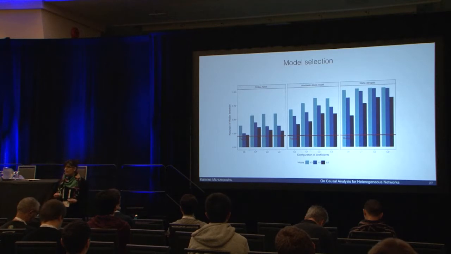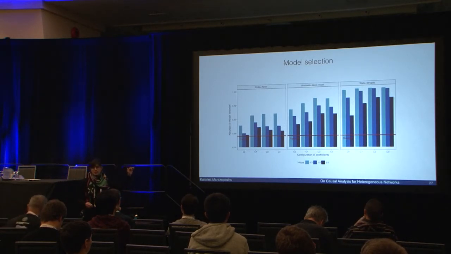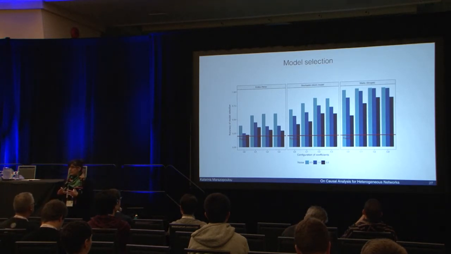So the more noise you have, the less accurate your model selection. And it does depend on the configuration of coefficients. You can think of it as the configurations go from left to right. What effectively is happening is the friends and the coworkers become more and more distinct. So the more distinct they are, the easier it is for us to distinguish which semantics to use.